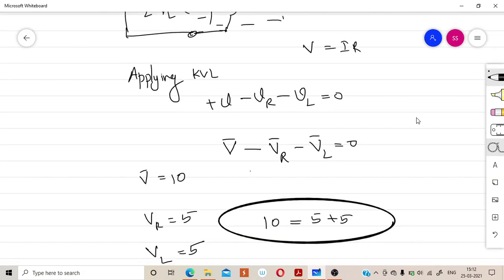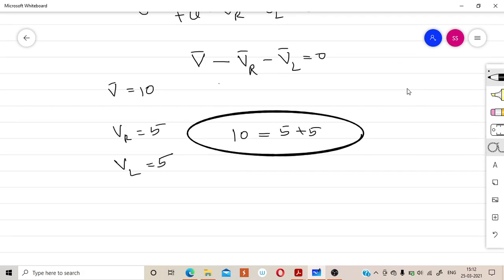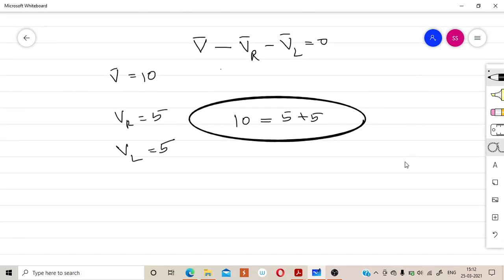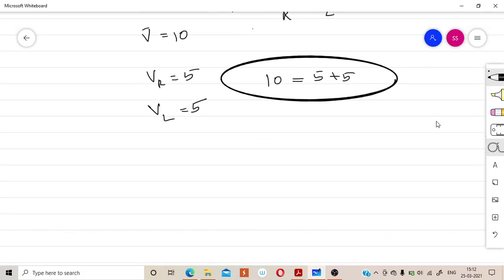Now we are going to study how to draw the phasor diagram for this RL series circuit and for any AC circuit.